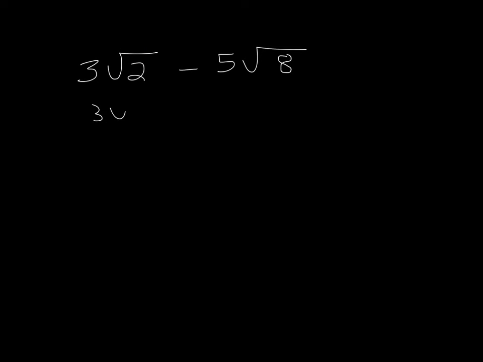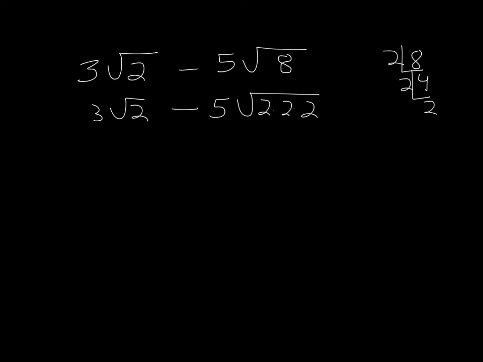We're going to write 3 root 2, but then here we have minus 5, and then 8 is 2 times 2 times 2. Small numbers like that, it's fine if you just look at it and know that it's that.